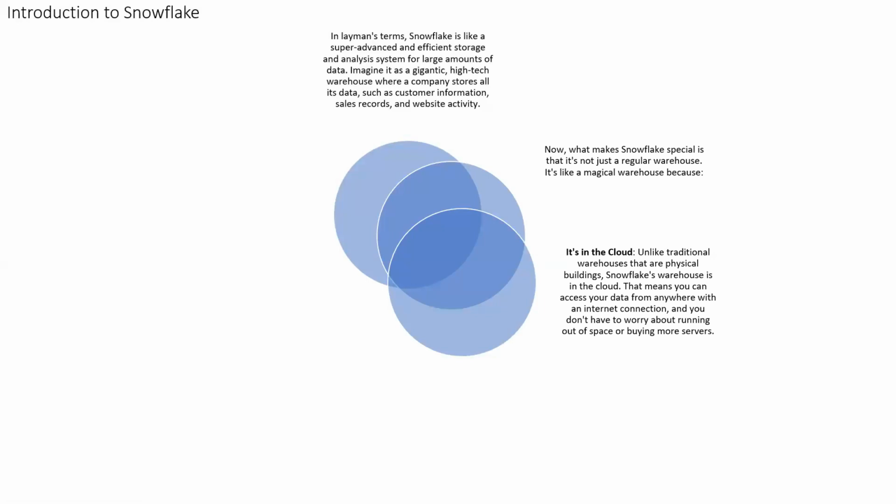Azure, Amazon Web Services, and Google Cloud are all cloud service providers, but Snowflake uses those cloud service providers to build your data warehouse. That's why it is in the cloud. And you don't have to worry about running out of space or buying more servers. You don't need to do anything on this platform.